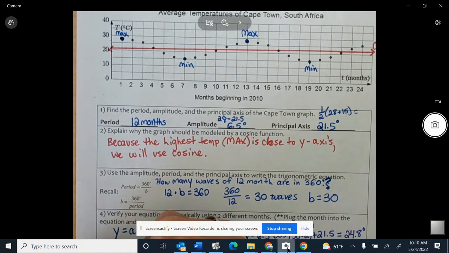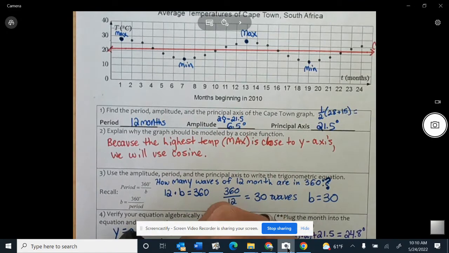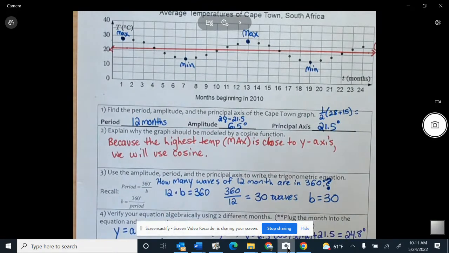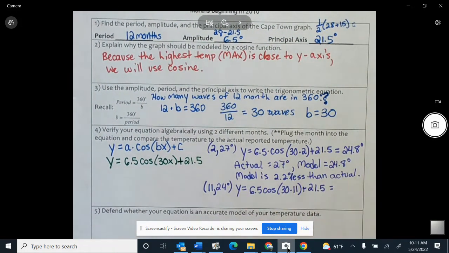Let's see what we get. 6.5 times the cosine of 30 times 11 plus 21.5. Sorry, forgot to show you this.